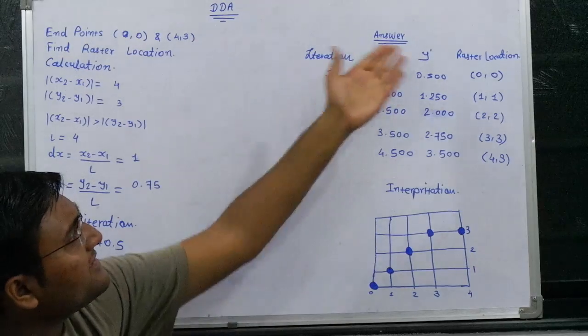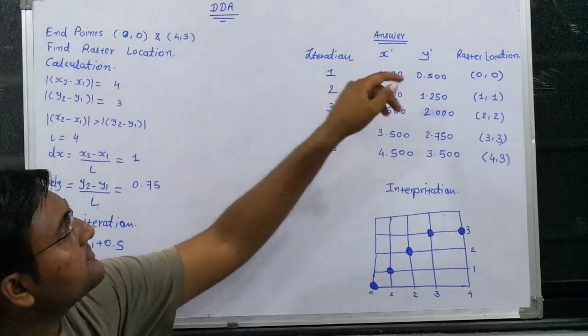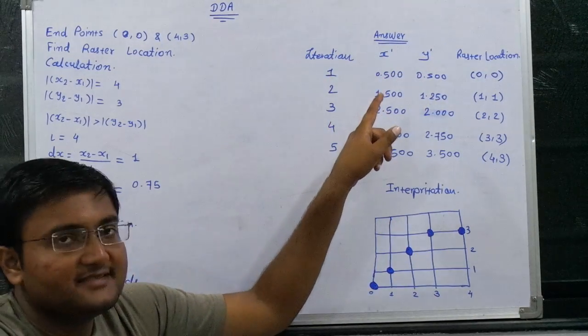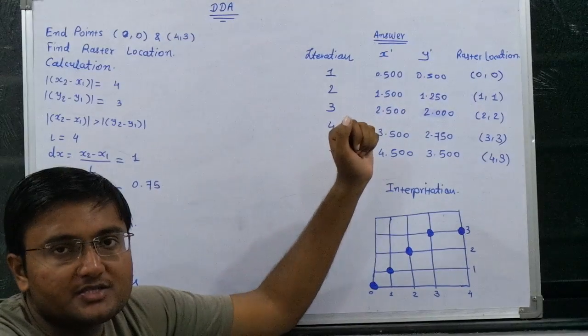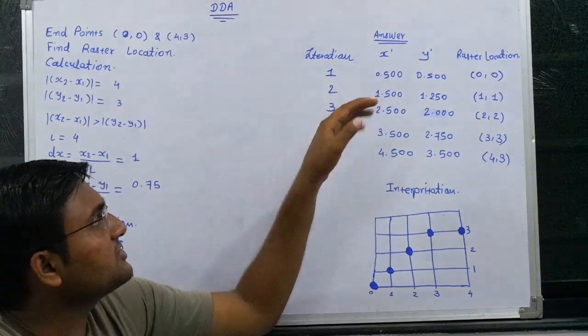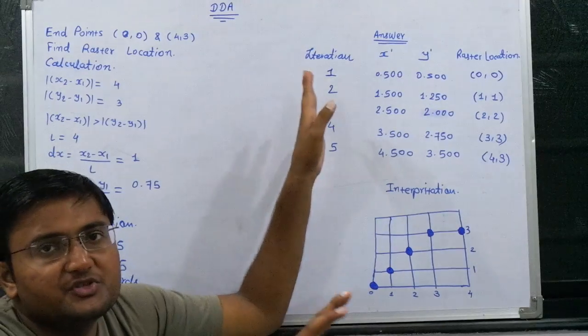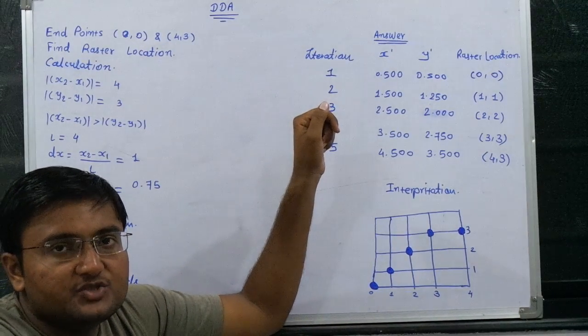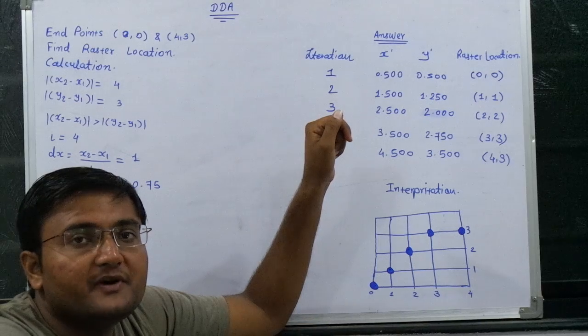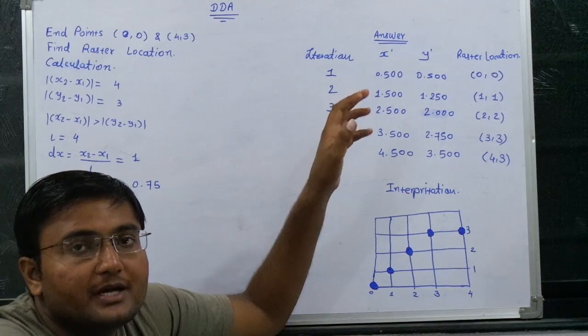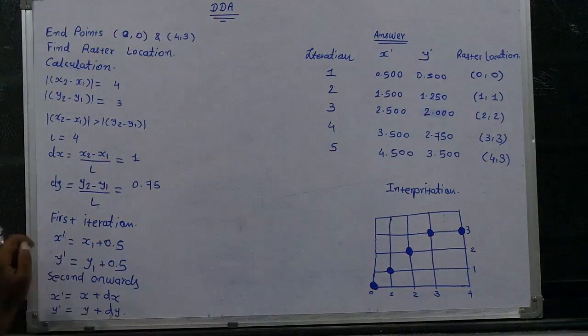What it requires is 4 columns. First one is iteration, second x dash, y dash and raster location. So the first iteration is a very special case in which x1 is incremented by plus 0.5 and y1 is also incremented by plus 0.5, which is mentioned here.